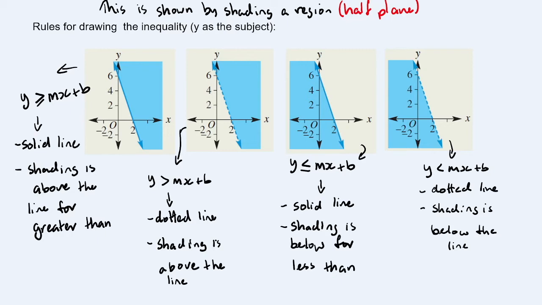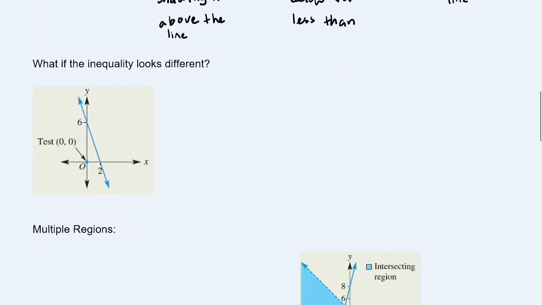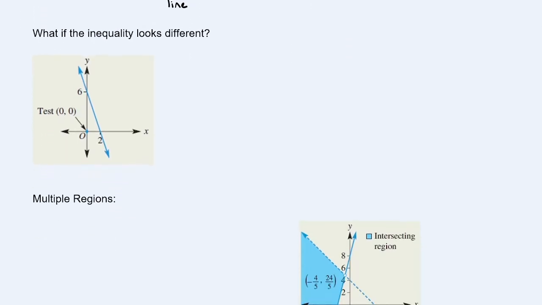What happens though if our inequality doesn't look like y equals mx plus b? Glad you asked. It might look a little bit like this: ax plus by equals d. Now, this is not the same as the other one, but you can use another test.